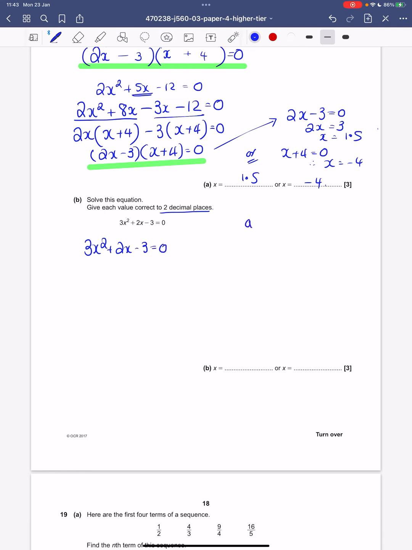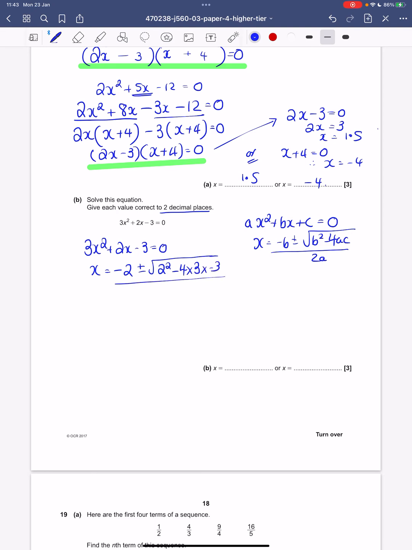The quadratic formula is ax squared plus bx plus c equals 0. Then x is minus b plus minus the square root b squared minus 4ac, all divided by 2a.